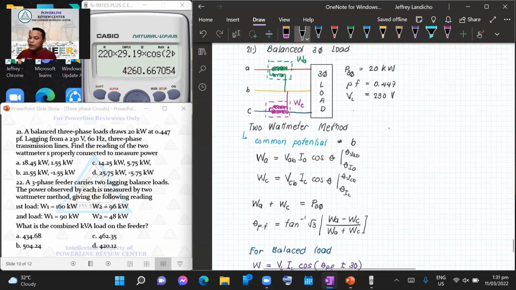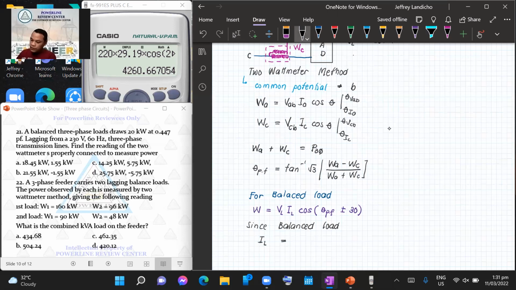Saan natin kukunin? So, using power formula, diba? This is square root of 3 times line voltage, line current, multiplied by power factor. So, makukuha natin yung line current. For this given balanced 3-phase load, you have 20 kilowatts or 20,000 over square root of 3 times line-to-line voltage 230, multiplied by the power factor of 0.447.